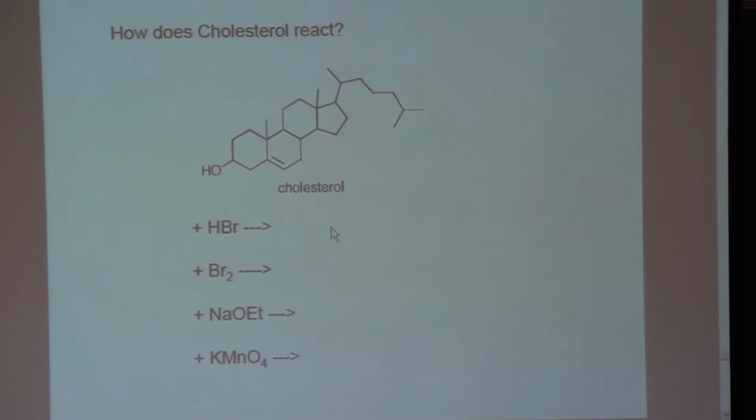If you have a secondary alcohol, that's converted to the ketone by using PCC or KMnO4. If you want to stop at the aldehyde, you want to use PCC. If you use KMnO4, you go all the way to the acid.